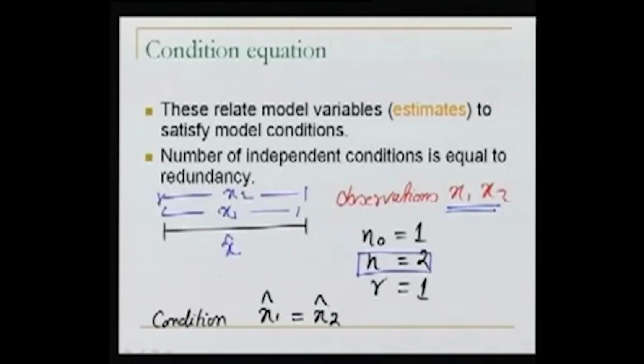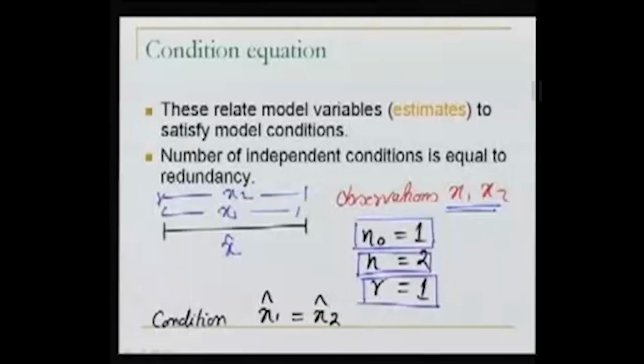How many observations do we need in order to find the unique value of the length of the line? Only one observation. Of course, in that case, there will not be any redundancy. But that's the minimum required to find the solution. So we say n naught is equal to 1. Only one observation. So the redundancy is 1.